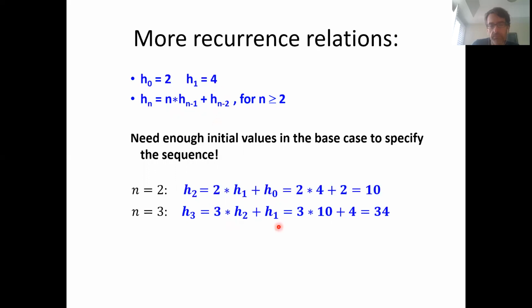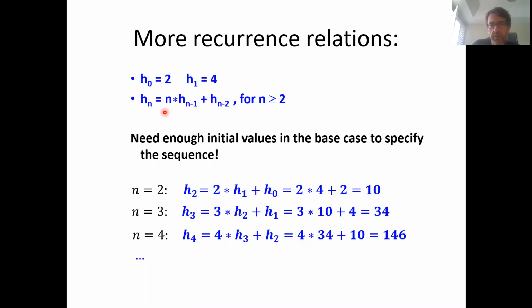Since I have basically the invariant that every time I compute the next, all my previous ones are computed, I know how to read off these values. So I just stick them in and compute. For n equal 4, what's this formula? It's 4 times h3, that is h of 4 minus 1, plus h of 4 minus 2, h2. And I evaluate, and so forth.